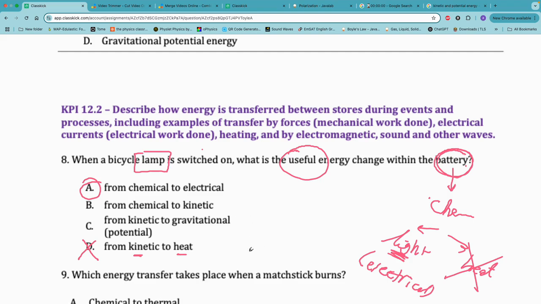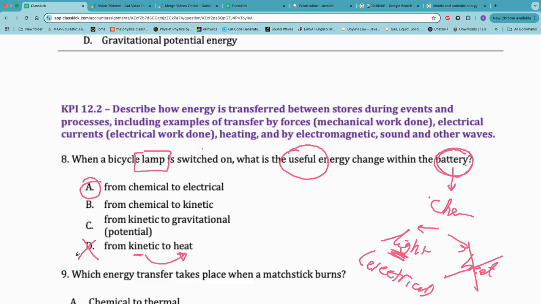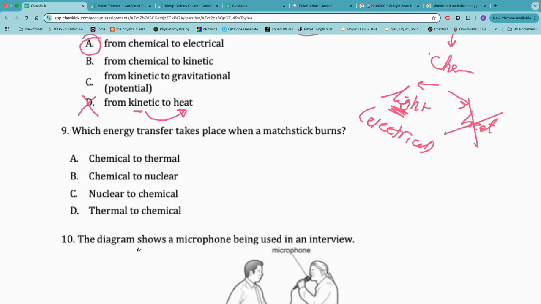Kinetic, when the bicycle starts to move, we're going to have kinetic energy. This kinetic energy changes to heat energy due to friction between the tires and the road.